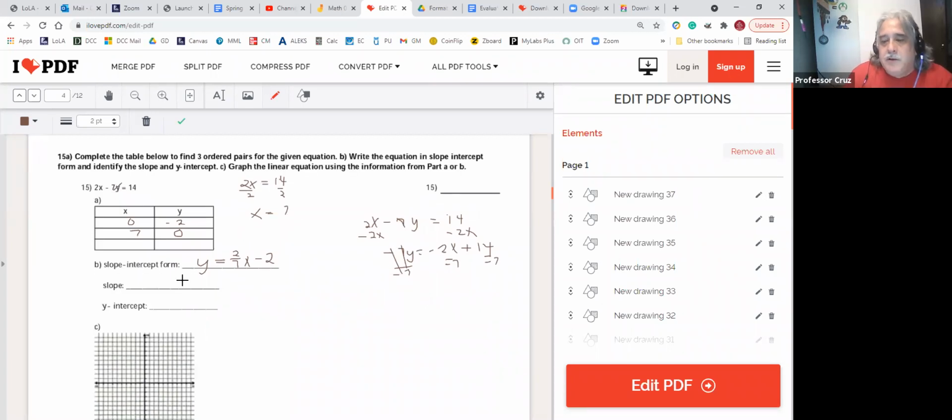All right, so let's put these in. Well, first of all, the slope was 2/7, and then the y-intercept is 0, -2.